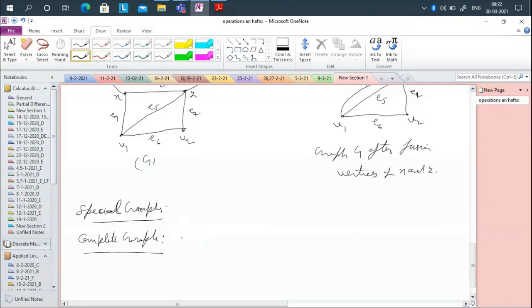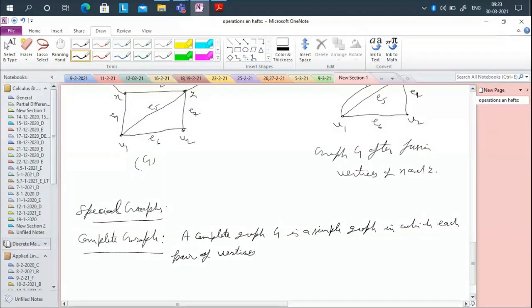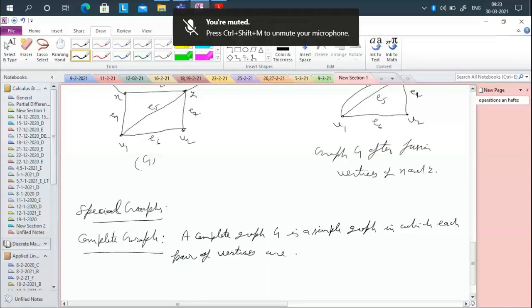A complete graph G is a simple graph in which each pair of vertices are adjacent.